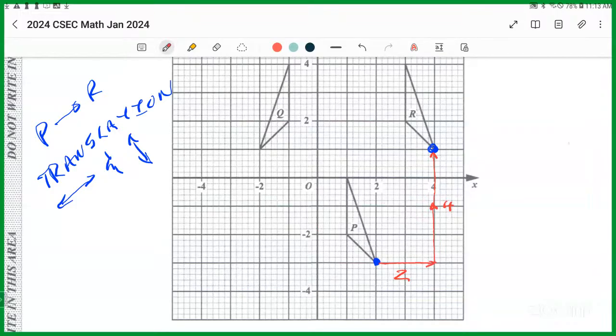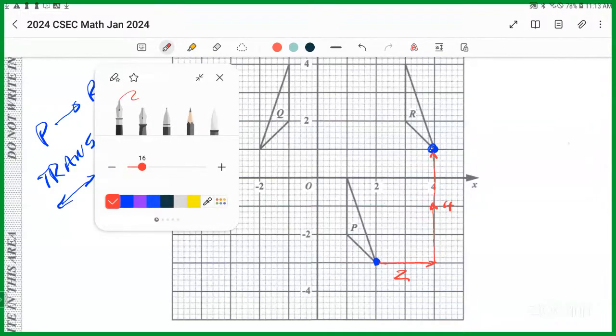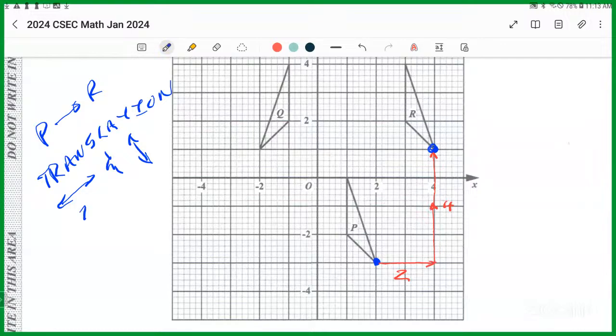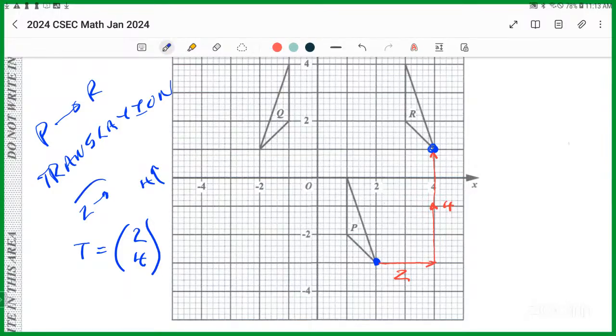So the movement in this translation is 2 to the right and 4 upwards. And when the translation is 2 to the right, 4 upwards, it can be represented as a translation matrix 2, 4. So you can say 2 to the right, 4 upwards, or you can represent it with that matrix 2, 4. Let's go and describe it now. So the translation, 2 units to the right and 4 upwards.